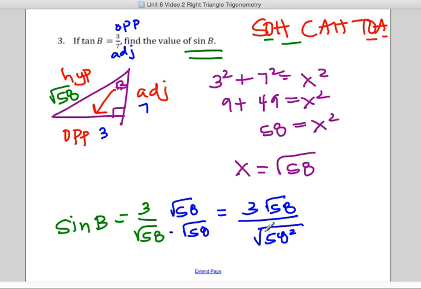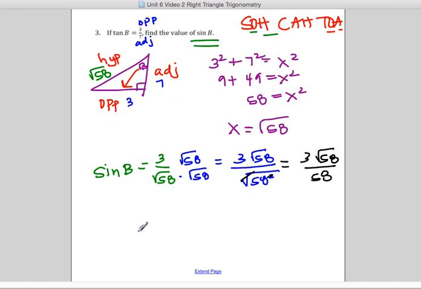And then remember, my square roots and my square cancel, so it's 3 square root of 58 all over 58. So my answer for this one would be sine of B equals 3 square root of 58 over 58.